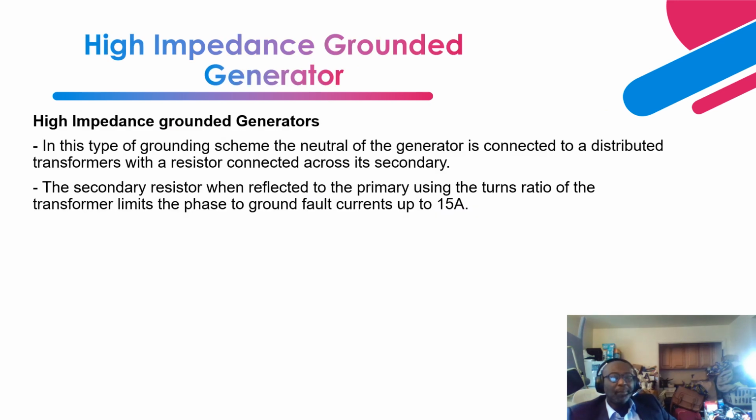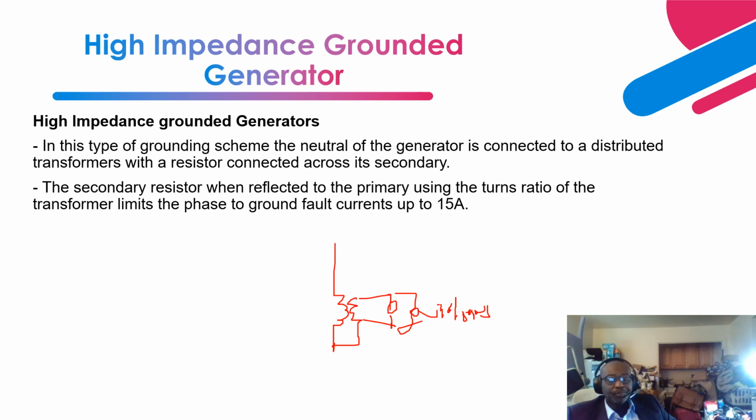Now let's talk about the high impedance grounded scheme. Like I indicated, it is mostly applied to very, very large generators. The neutral is connected through a distribution transformer, and you have a resistor connected across it, and the 59G or 59N relay.